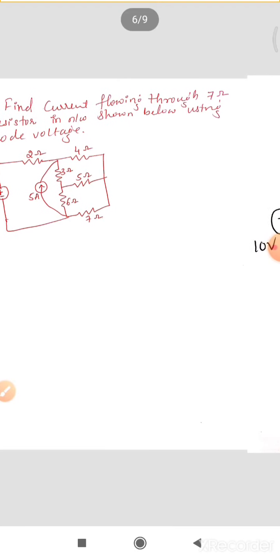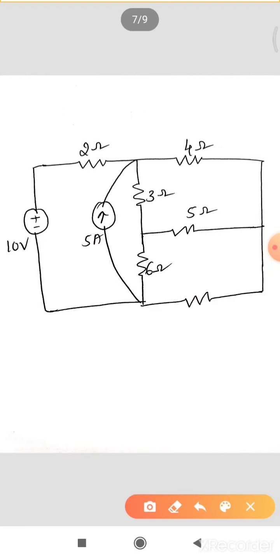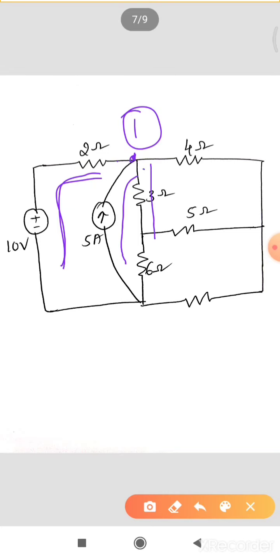First, let's identify the number of nodes. As we have discussed in earlier classes, this voltage source along with the resistance we are going to consider as one branch. At this point I'll take this as the first node, because this one branch is connected, one independent current source is connected, one 3 ohm resistance is connected, and a 4 ohm resistance is connected.